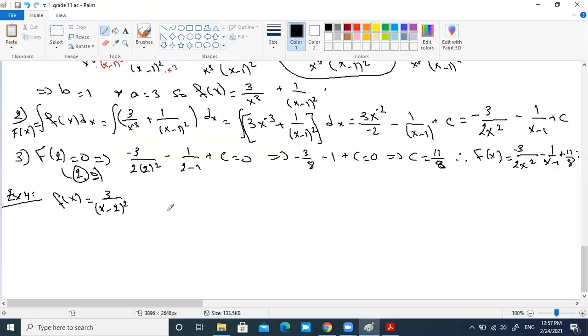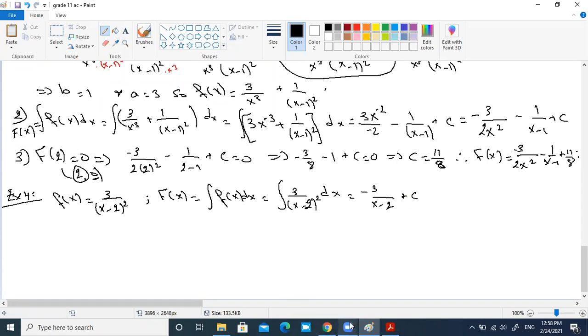F of x is the integral of f of x dx, which is equal to the integral of 3 over (x minus 2) squared dx. Here you can use the shortcut, constant over (ax plus b) squared, which gives negative 3 over x minus 2 plus constant c. Till now it's very direct.